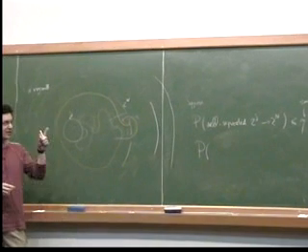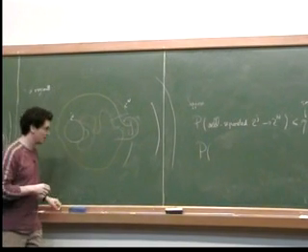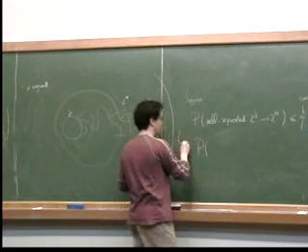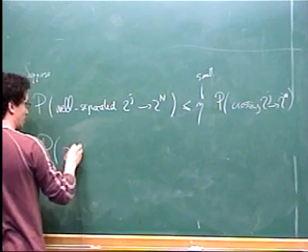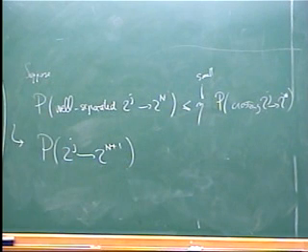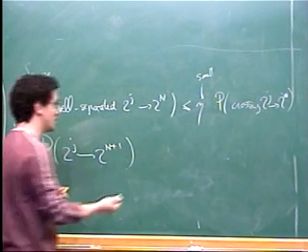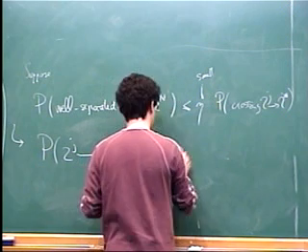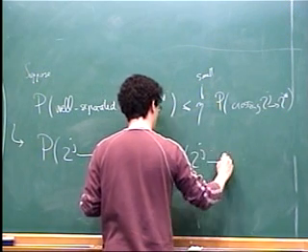So that means that if alpha was chosen small enough, then this will tell you that the probability that you have a crossing from 2 to the j to 2 to the n plus 1 will be much smaller than the probability to have a crossing from 2 to the j to 2 to the n.